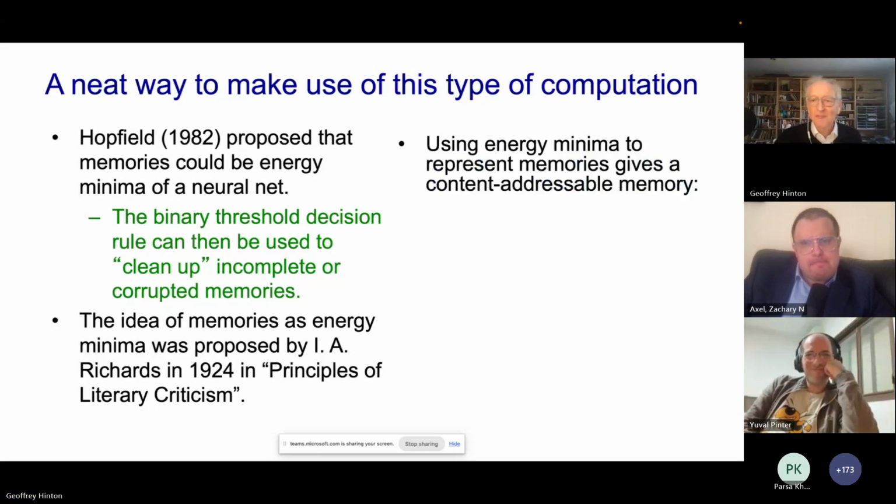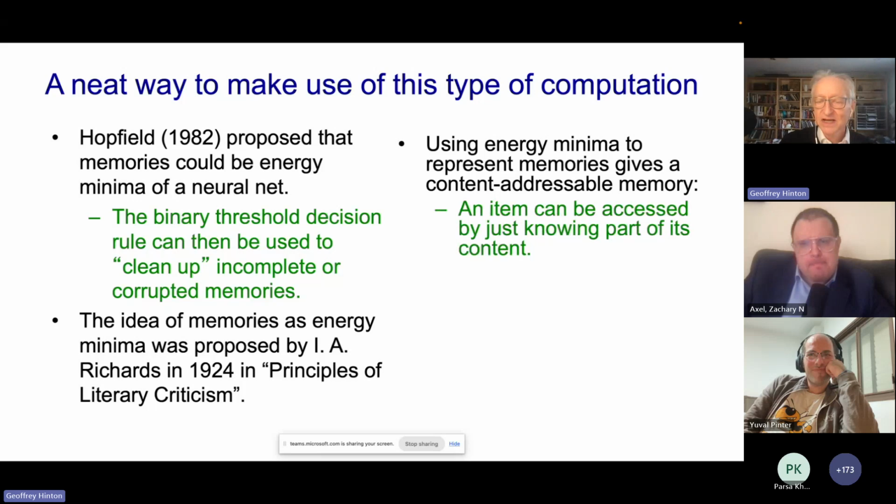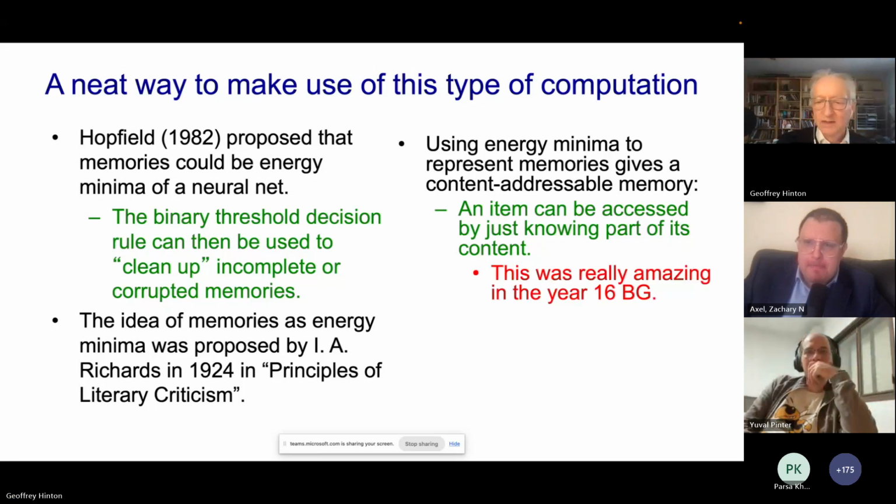Energy minima represent memories, and you get a content addressable memory. So you can access an item in memory just by knowing some parts of it. You know the states of some units, and now this network will fill out the rest of the memory. This was done in the year 16 before Google. And in the year 16 before Google, content addressable memory was not something we were used to.